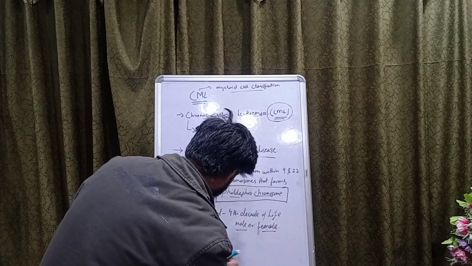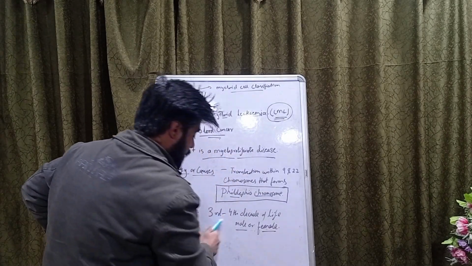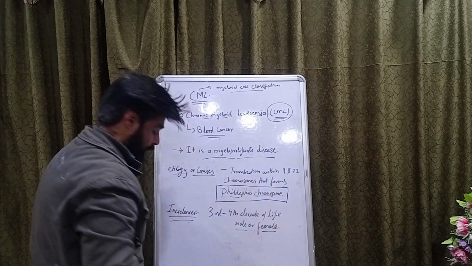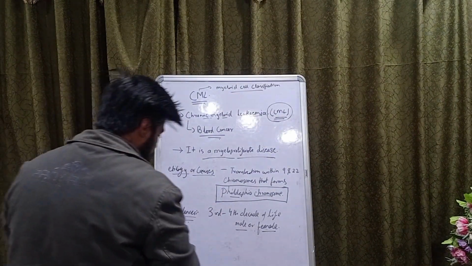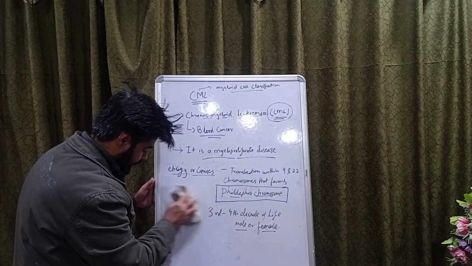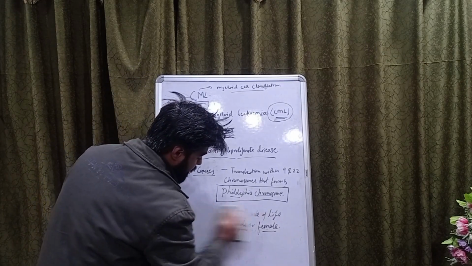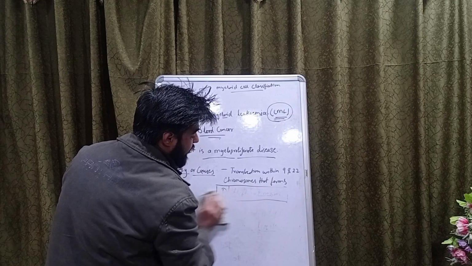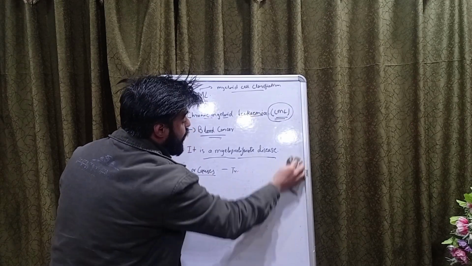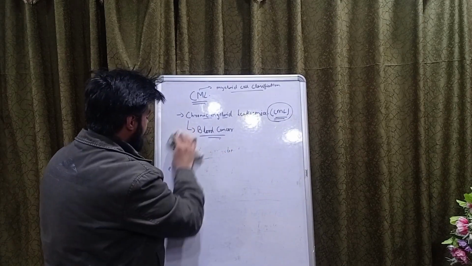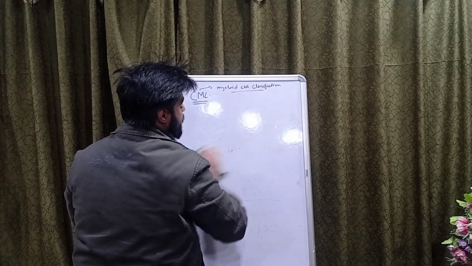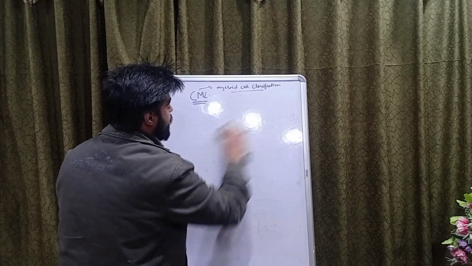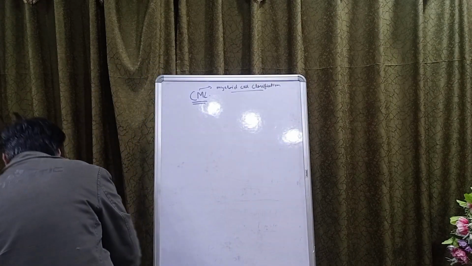Whether male or female, it occurs in the third to fourth decade of life. All right. Next, do you know, guys? CML even occurs in children. It can even occur in kids, and we call it juvenile CML. It's a very important thing for you guys to understand. That's a second variant, a variant in kids.